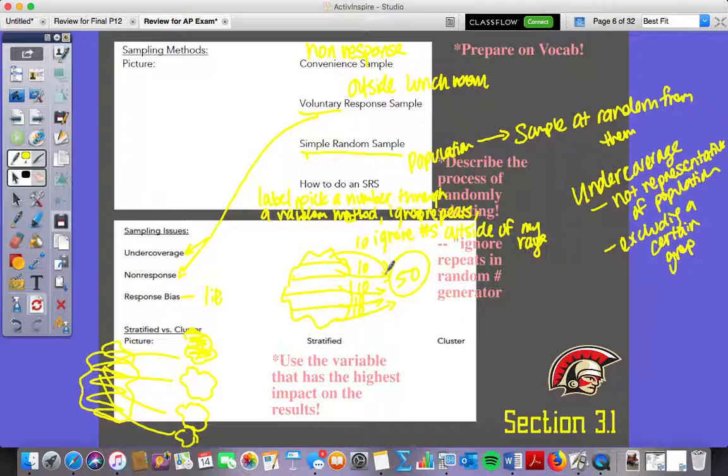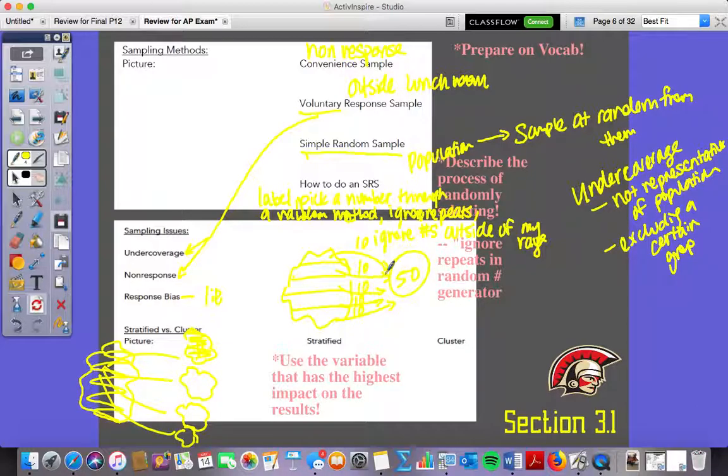Are they not happy? It would be a lot easier to actually go to 10 different stores or 100 different stores and sample all customers that come in, rather than doing 10 random customers from every store in the nation or in the world. So that would be from the 10 stores? Correct. I sample everyone in that store, so to speak.